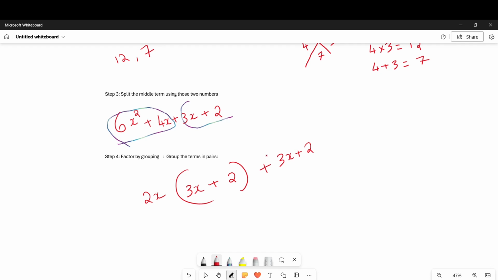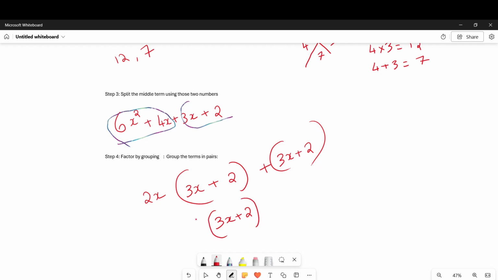You can see there is some common thing here, right? When we have an expression like this, we need to factor out again because both sides have the common factor 3x plus 2. So I'm taking 3x plus 2 out from both.